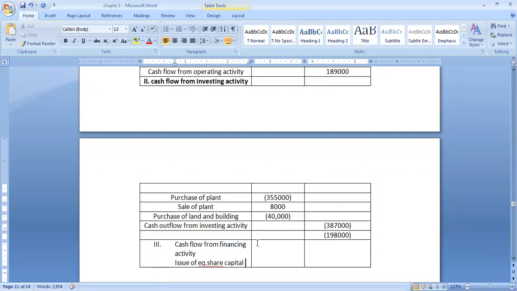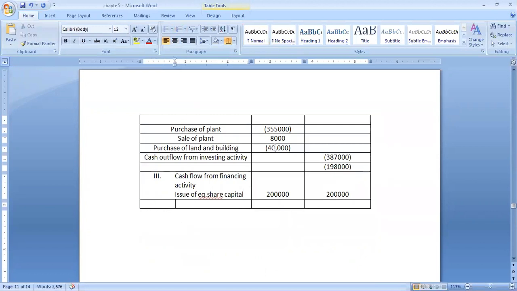So equity share capital is increased, right? The value has increased from 5 lakh to 7 lakh, so it is a 2 lakh increment. As there is no further adjustment, take this itself as a transaction. So 2 lakh will be the value of inflow of financing activity. Now minus 1,98,000 plus 2 lakhs gives you 2,000.